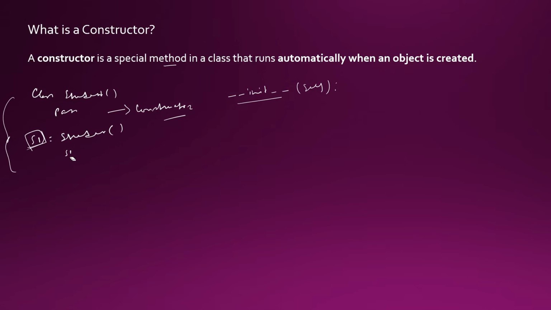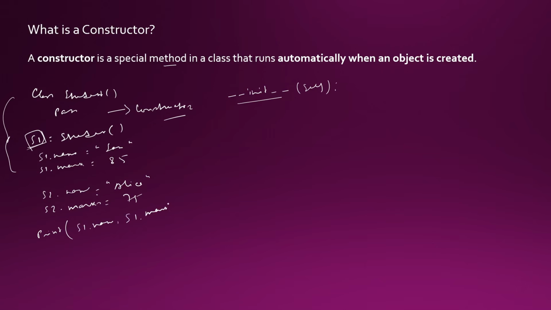Now if I add some data over here, I have to write s1.name = sam, s1.marks = 85. Again, if I want to create another student, I have to write s2.name = lis, s2.marks = 75. Then I finally have to print s1.name, s1.marks, and again print s2.name and s2.marks.